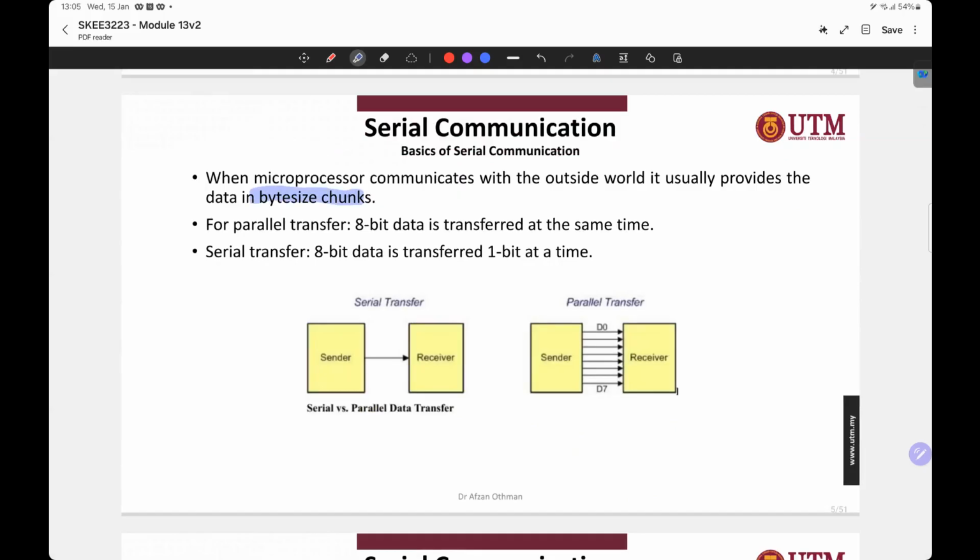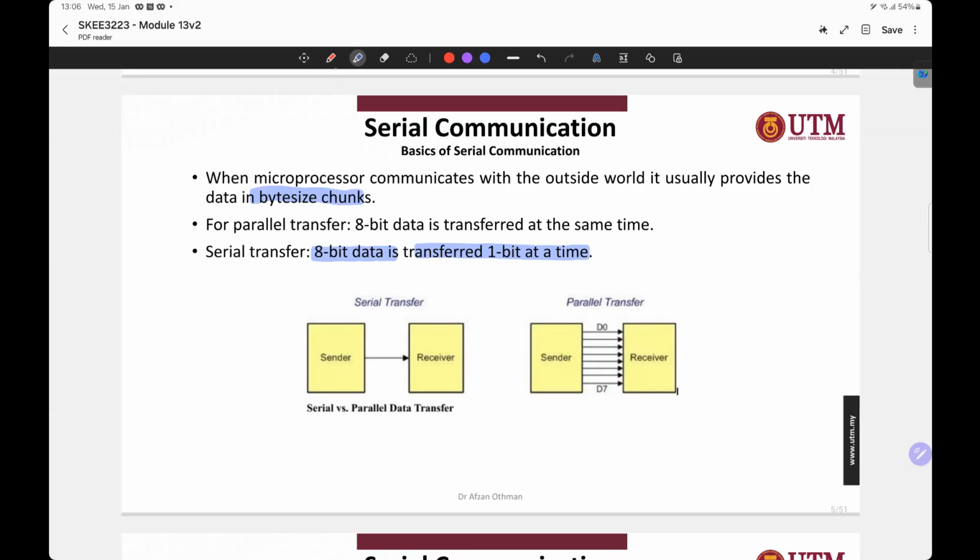For parallel transfer, 8-bit data is transferred at the same time, while for serial transfer, 8-bit data is transferred one bit at a time. With parallel transfer you can send out 8 bits at the same time, but with serial transfer you need to divide the data and transfer it bit by bit.